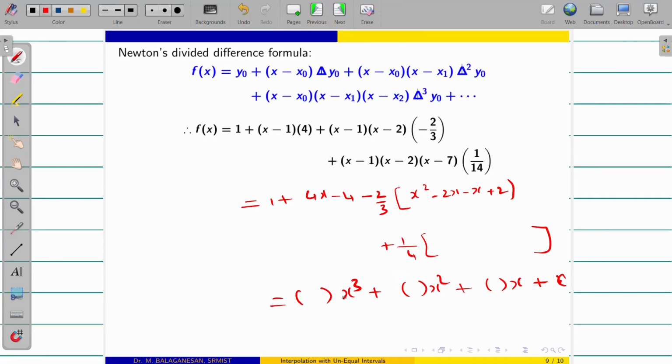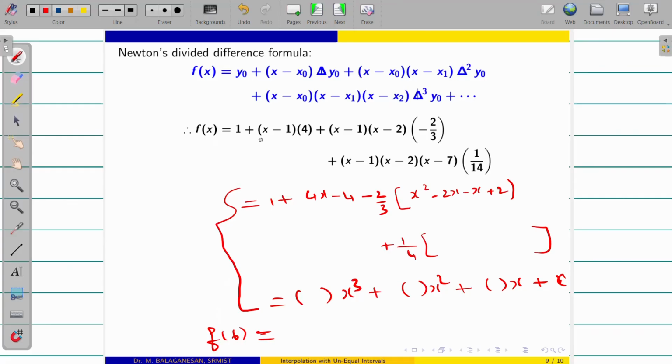So for that, you have to find the polynomial. In that polynomial, you have to replace x by 6 to find it. In my class, what I suggest to my students is, do not find the polynomial first. We will do it later. Directly find the value of f of 6.